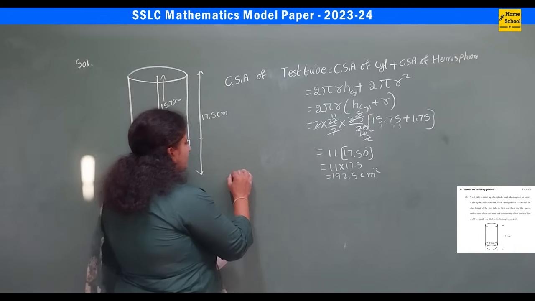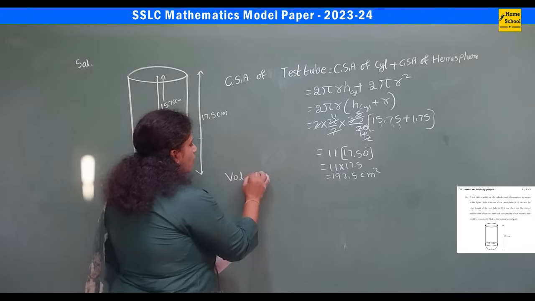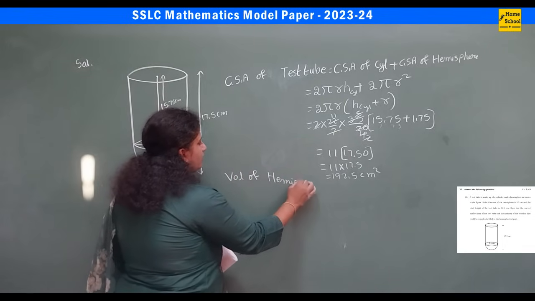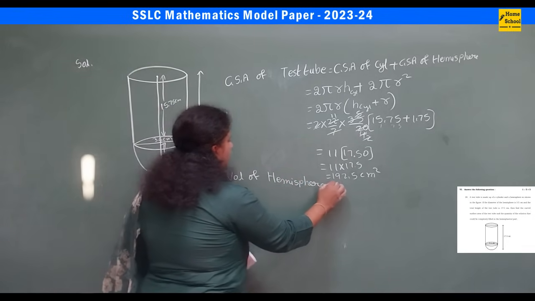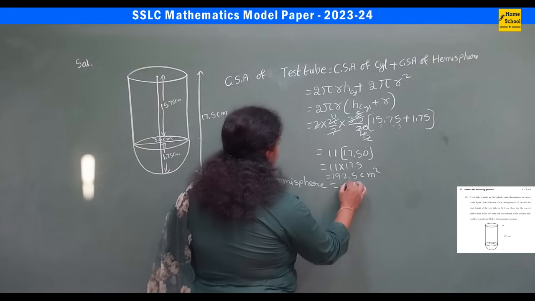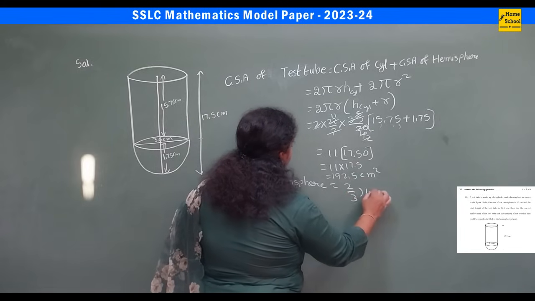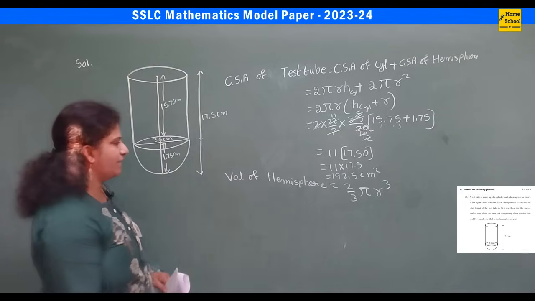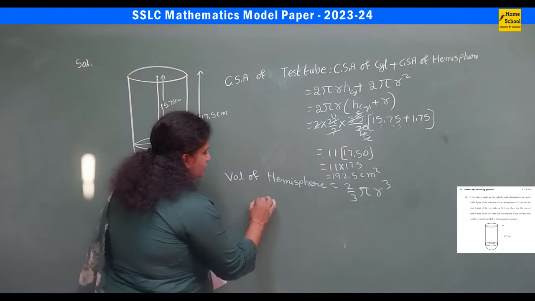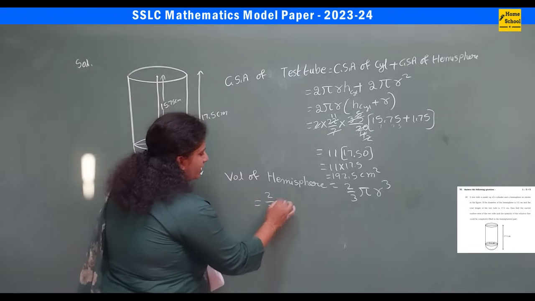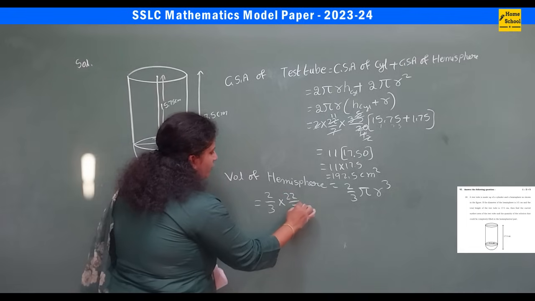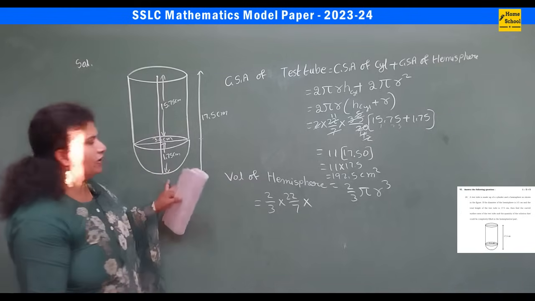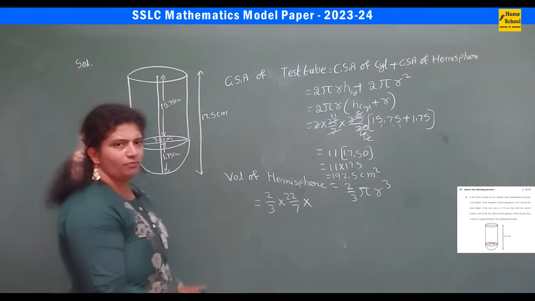Now the other question, what is that? Volume of hemisphere. What is the formula of the hemisphere? 2 by 3 pi r cube. Let me substitute here. 2 by 3 into 22 by 7 into, what is the radius? Either you may go with 3.5 by 2 or 1.75.